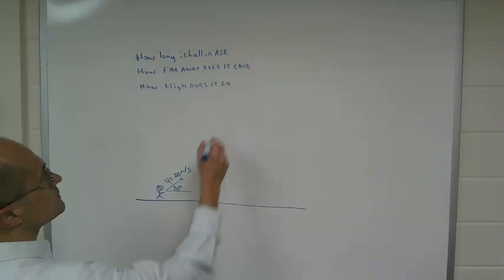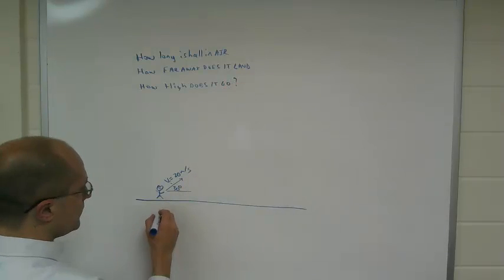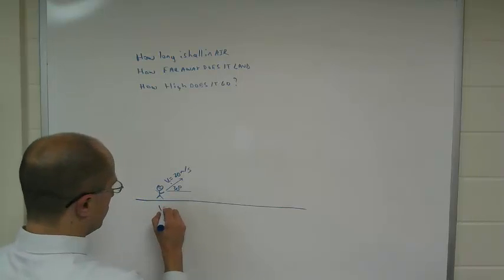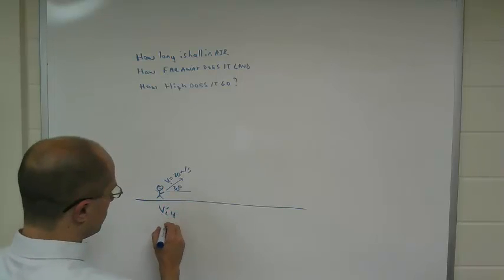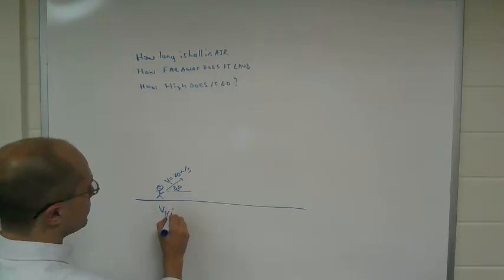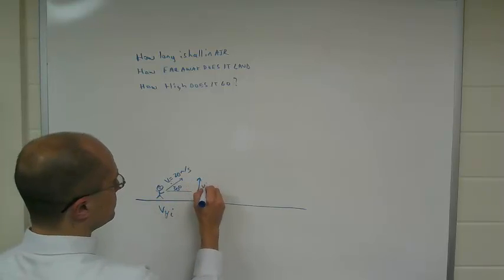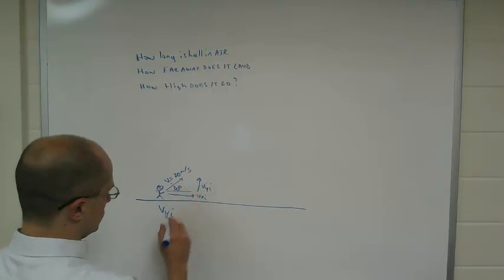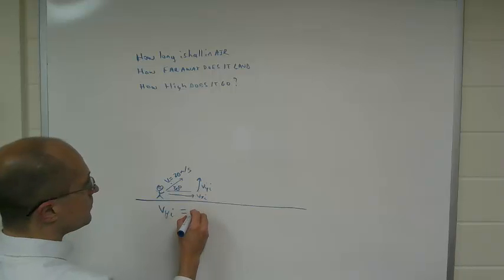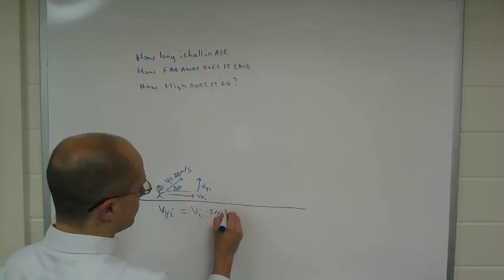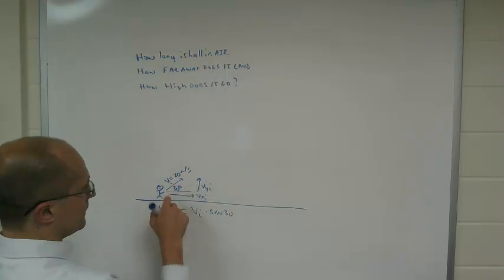So one of the first things we should do is realize that we can break this into vectors: VIY, the velocity in the y initial, and VIX, the velocity in the x initial. The velocity in the y initial is just our VI times the sine of 30 because it's opposite the angle.